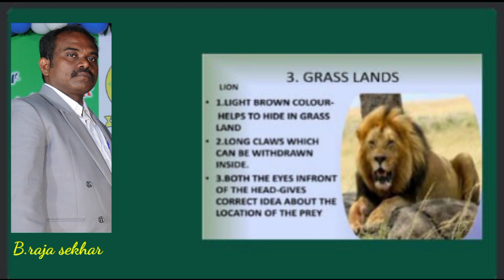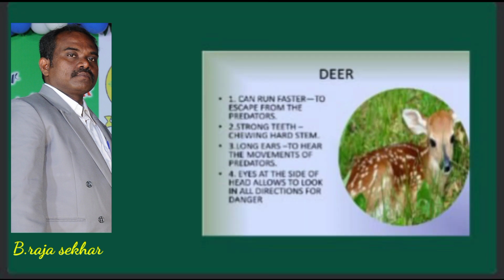Next, see the picture. Deer. Deer can run faster to escape from the predators. Predators means enemies. Strong teeth for chewing hard stems.